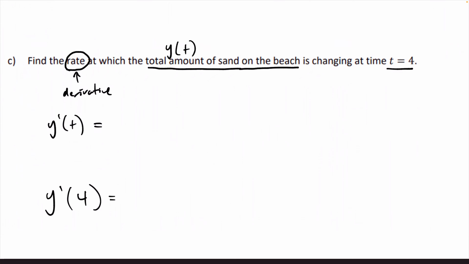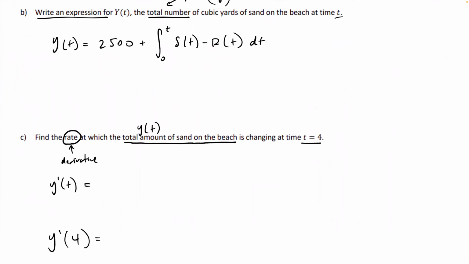Okay. So what would y prime of t look like? So help me out here. 0. Where does that 0 come from? The derivative of 2,500. It's a constant, so it's 0. Okay. So keep going. S of t, good. S of t minus r of t, with no more dt because you just found the derivative.